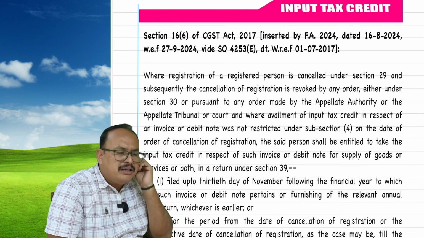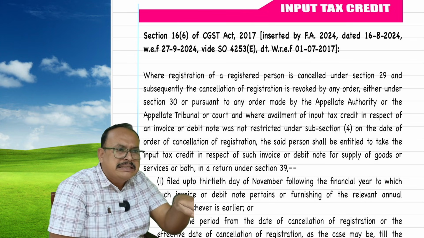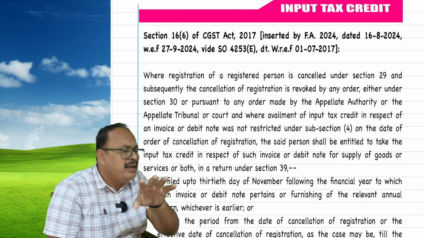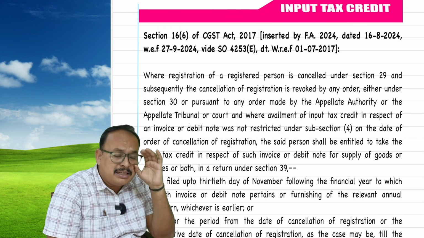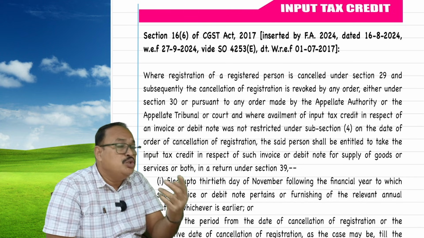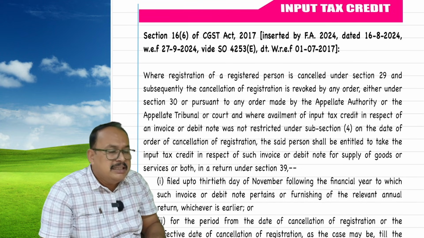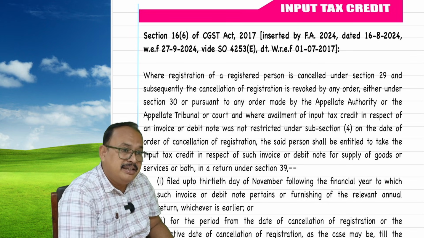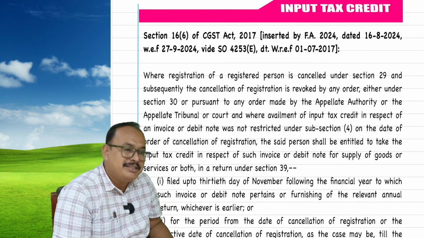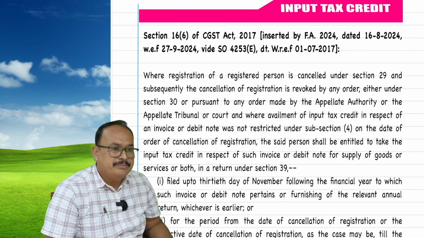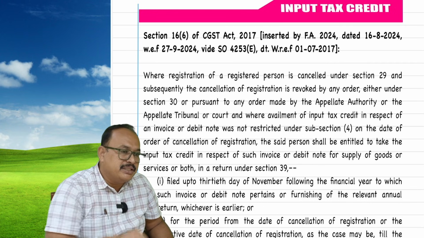It may run for 2 months, 60 days under cancellation. After that, you revoke the cancellation. In that case, can you avail the ITC? The law here says yes. Don't worry, you fulfill the conditions.